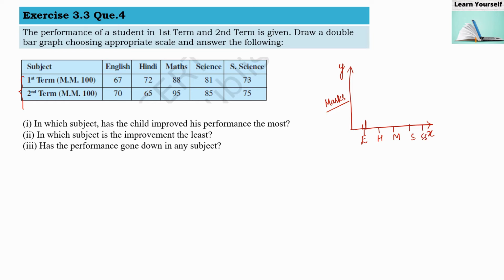Now here I am going to take two readings for term 1 and term 2, and similarly I am going to match it with the y axis marks. So it is going to be a comparative study. It is going to be a comparison of the term 1 mark and term 2 mark for one particular subject. So let us see how we are going to do that, and we are going to answer some questions based on this double bar graph.